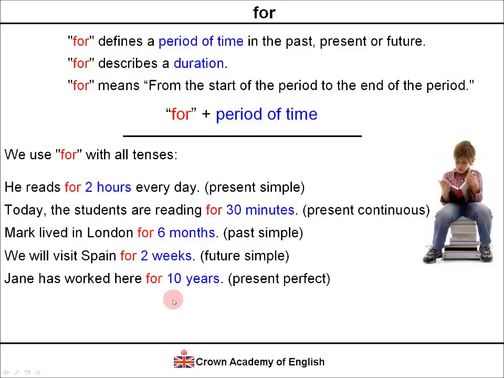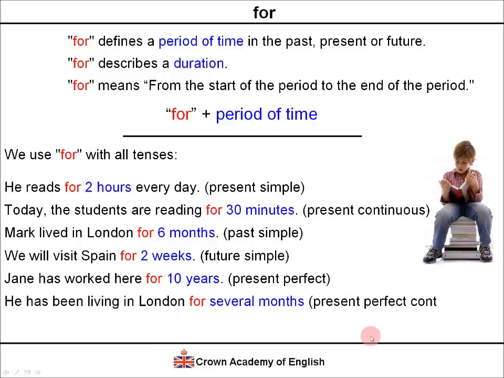So for 10 years, for, followed by a period of time, 10 years, 2 weeks, 6 months, 30 minutes. He has been living in London for several months. This in fact is the present perfect continuous.